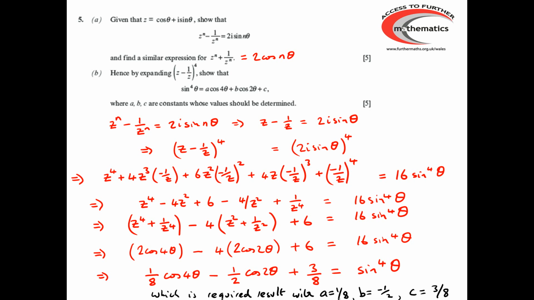And then for part B, we had 3 marks for doing the expansion of z minus 1 over z to the power 4, and then linking that up with the previous results gave us the method mark and the answer mark for the total of 5 marks.